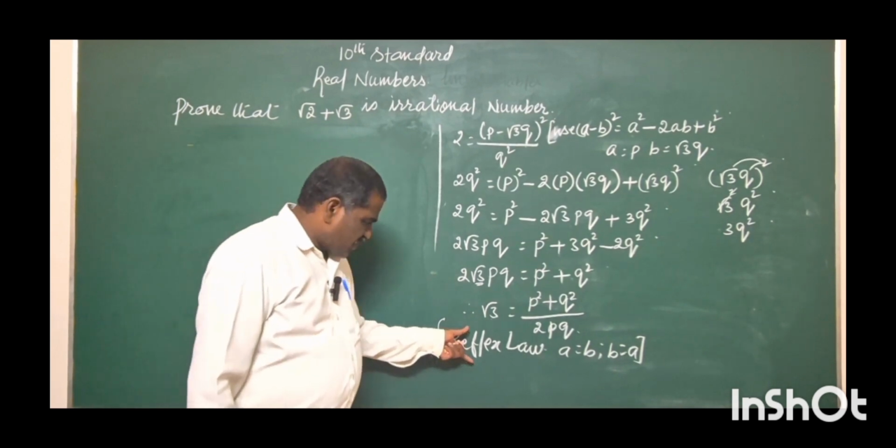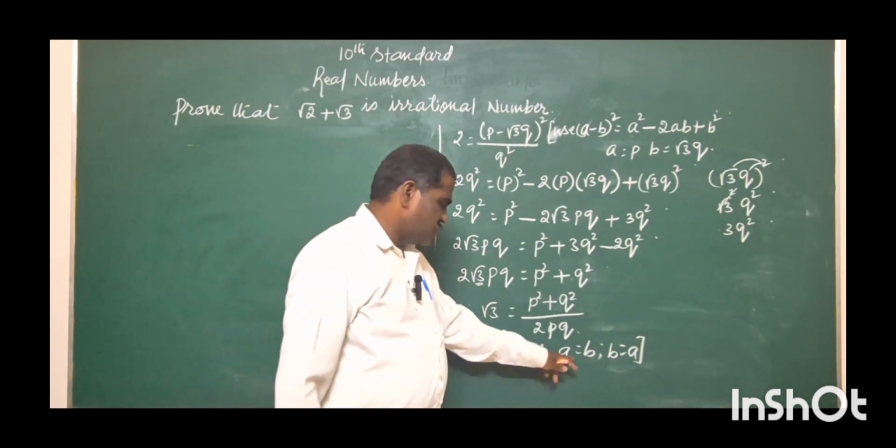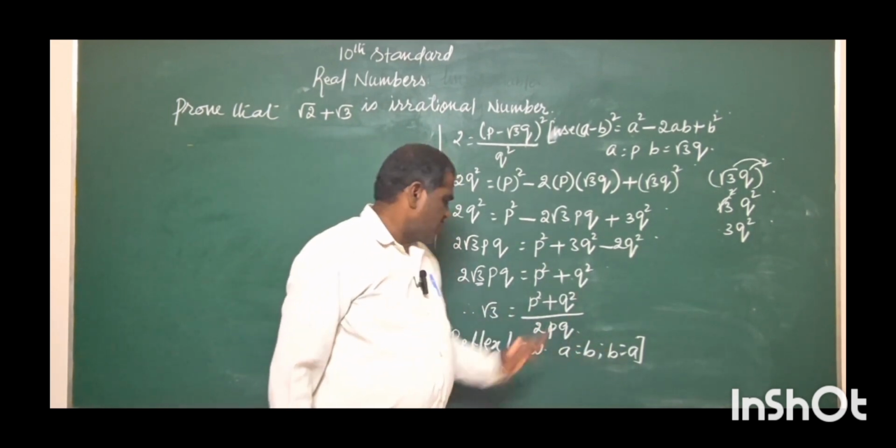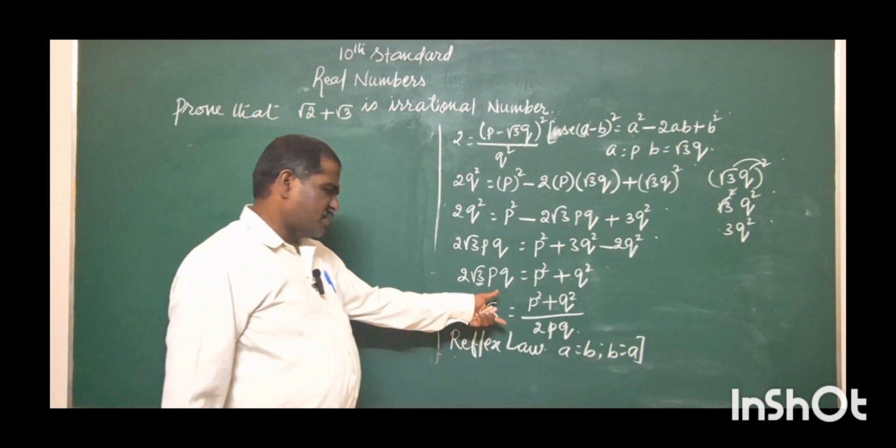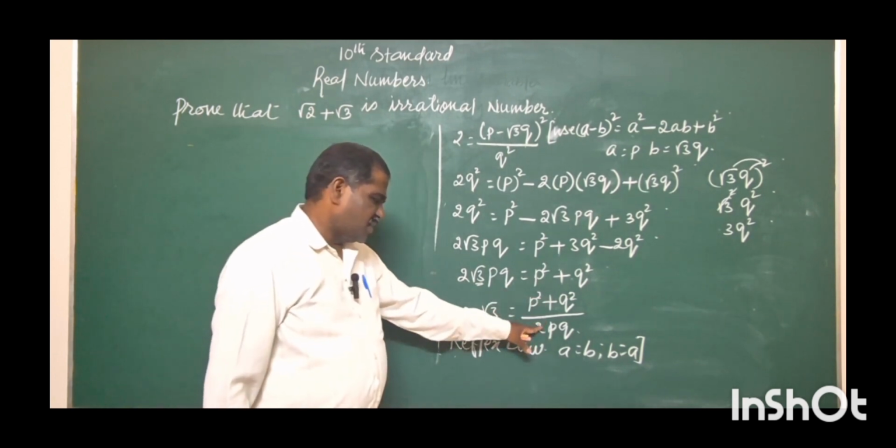According to the reflexive law, we know a is equal to b or b is equal to a. We already know this is a rational number, with numerator and denominator.